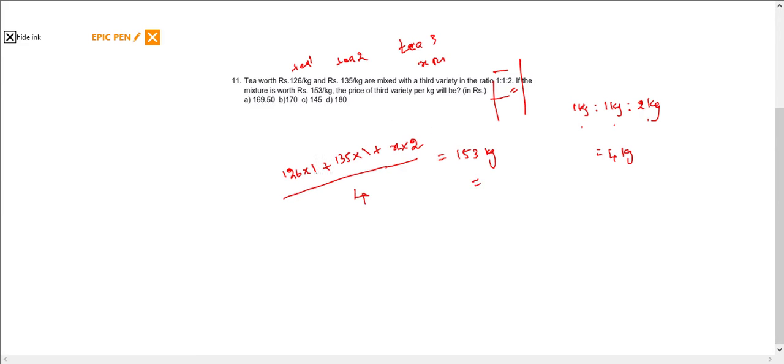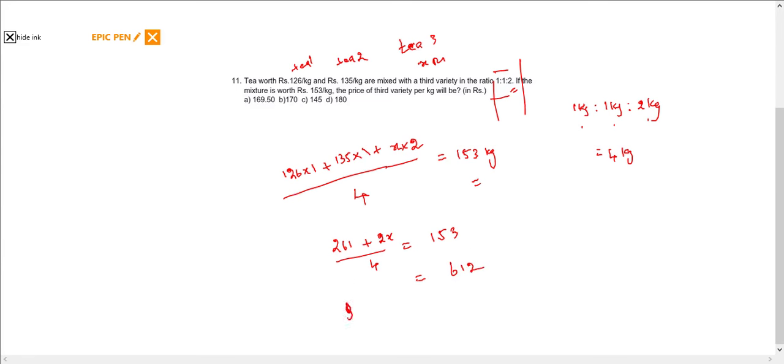So what is this? 126 plus 135 is 261. This is 261 plus 2x by 4, which is equal to 153. This 4 is going to go to this side, so it is 612.